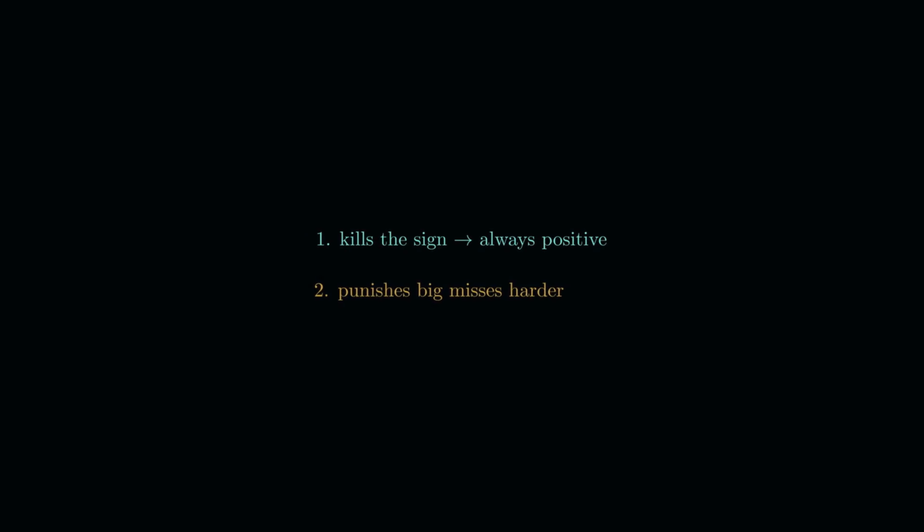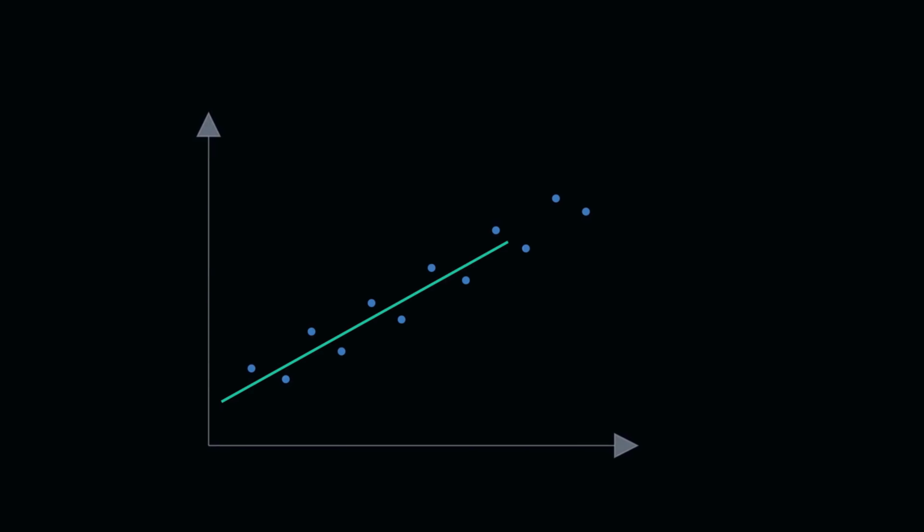This is where a special fix comes in, and it's genuinely beautiful. Let's say we square each residual. Squaring does two jobs at once. It instantly destroys the negative sign and everything becomes positive, and it punishes big errors, or big residuals, far more harshly than small ones. But here's a picture worth 1,000 formulas.